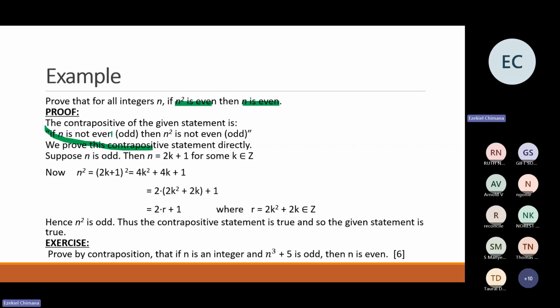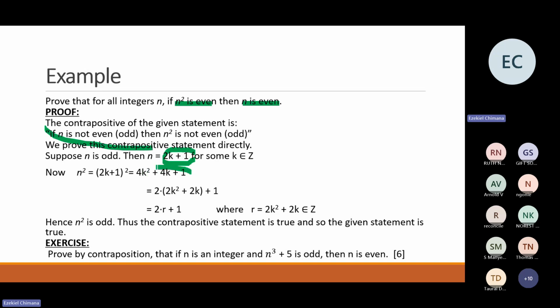So here we suppose that n is odd. And we know that whenever n is odd, you have n equals 2k plus 1 for some k, an element of the set of integers. So now n squared will be equal to what? You square both sides, so you end up having (2k plus 1) squared, which is 4k squared plus 4k plus 1.